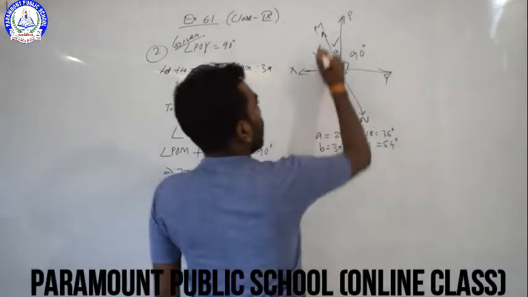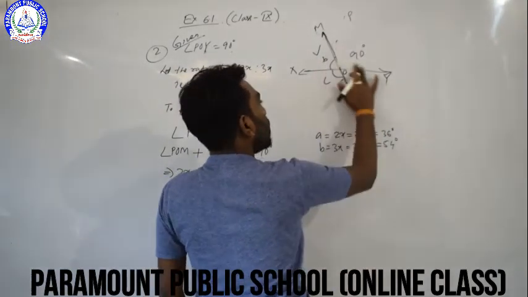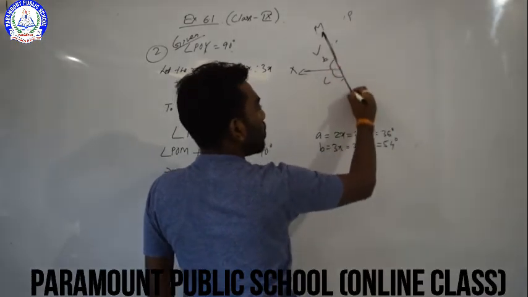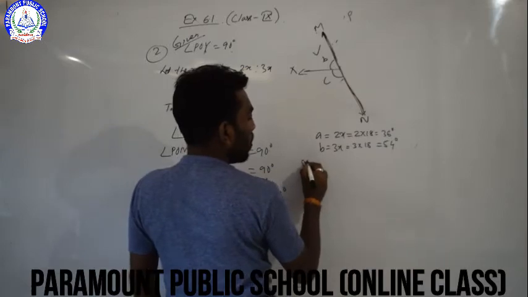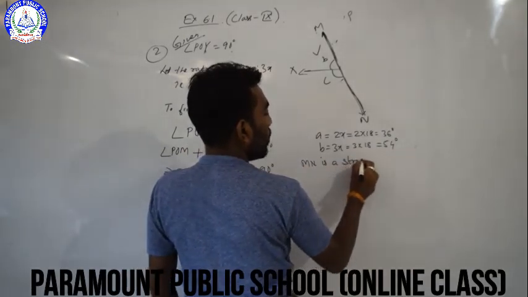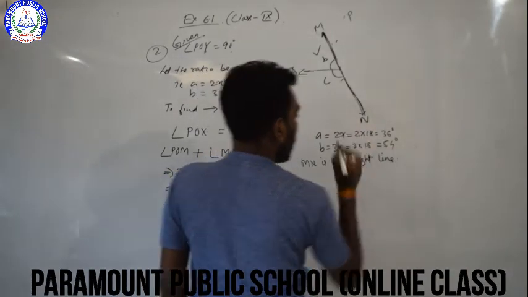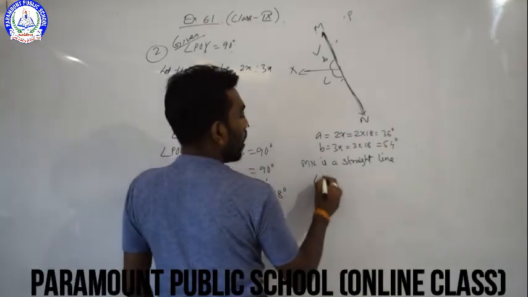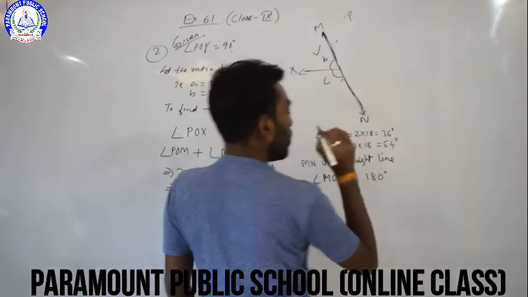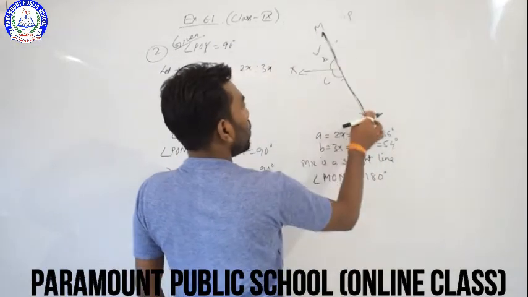Got it, student? So the value of C from here we can come to know directly. How? If I leave this, what is this? MN is a straight line, yes, student. So we can write angle MON is equal to 180 degree. Correct? So what is MON?